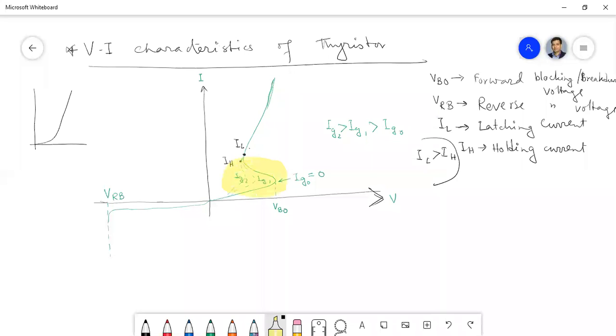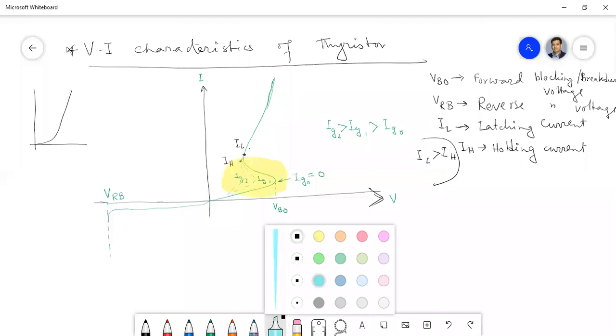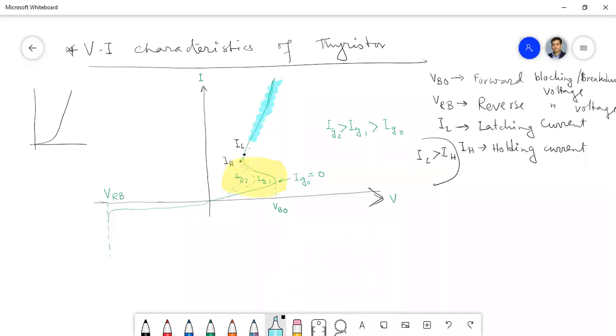So once the device starts conducting, it follows the characteristics similar to a diode. So this part is similar to a diode.